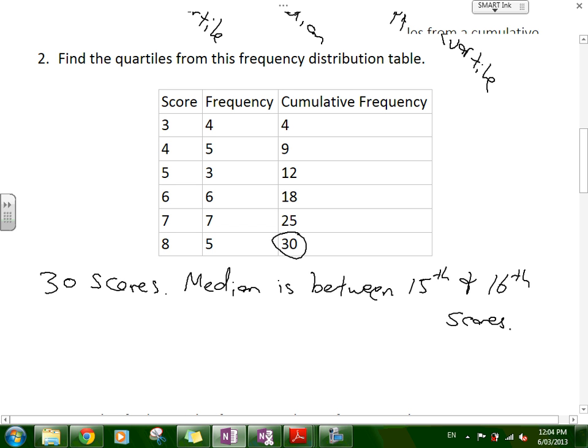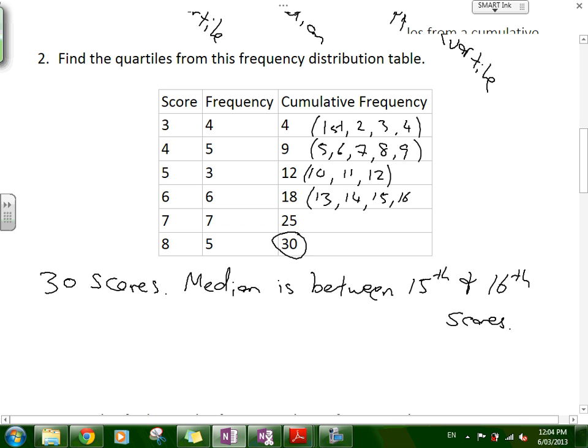One cumulative frequency is 4. So what we're saying is the first, second, third, and fourth scores are here. Alright, and then up to 9: 5, 6, 7, 8, 9, etc. And 10, 11, 12 is here. And then this one we have 13, 14, 15, 16, 17, 18.